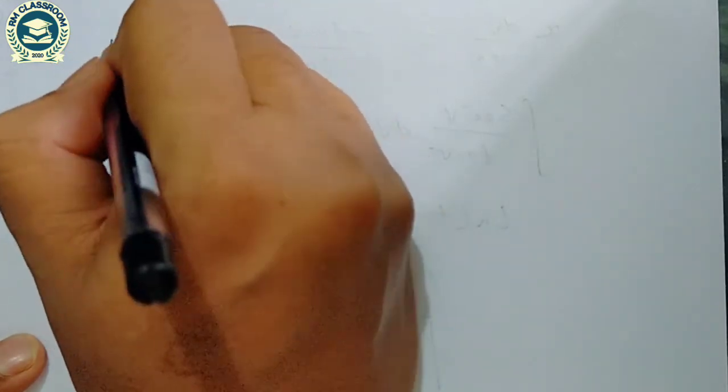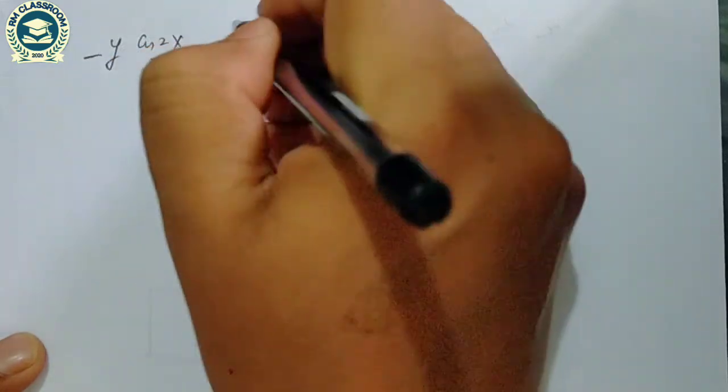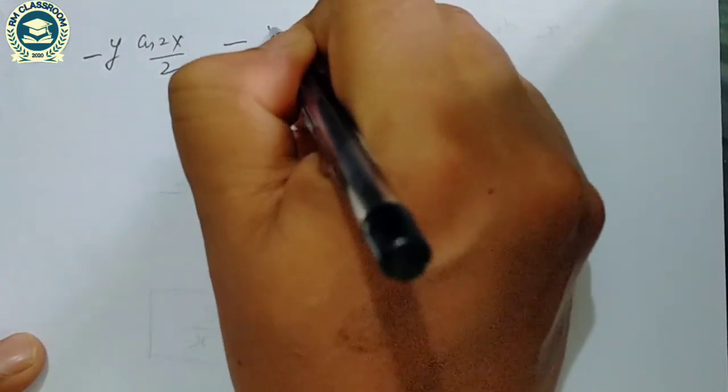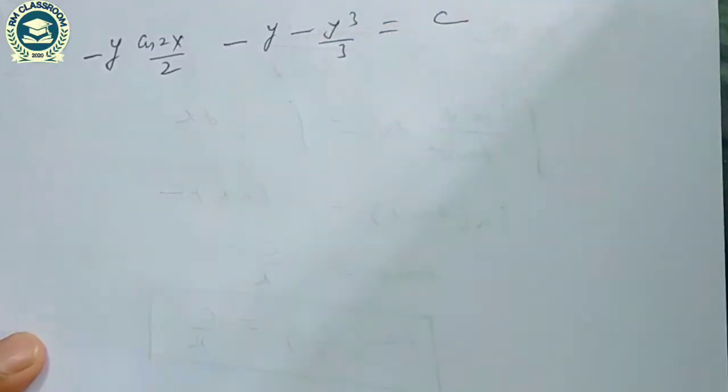So if I take the integration, in terms of m we have to assume y is a constant. So y, and the integration of sin 2x is minus cos 2x by 2, minus y cube by 3 is equal to constant.